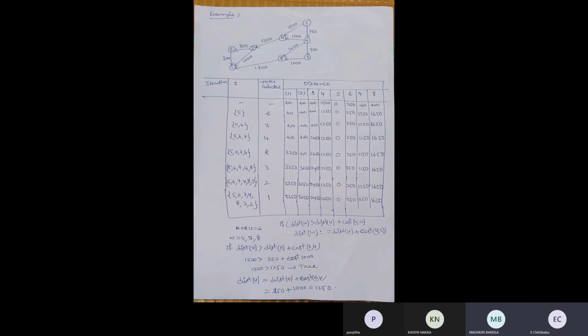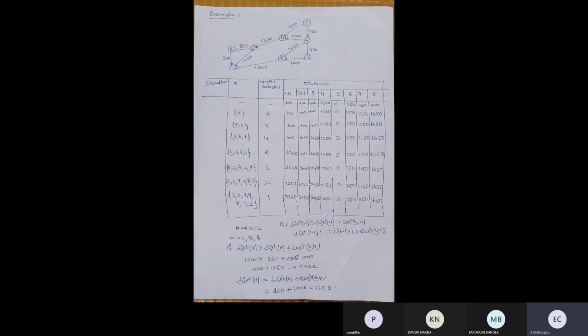So the adjacent vertices of 6 are 4, 7, 8. Now here is the formula. Here u equal to 6, so the w values, the adjacent vertices, are 4, 7, 8.